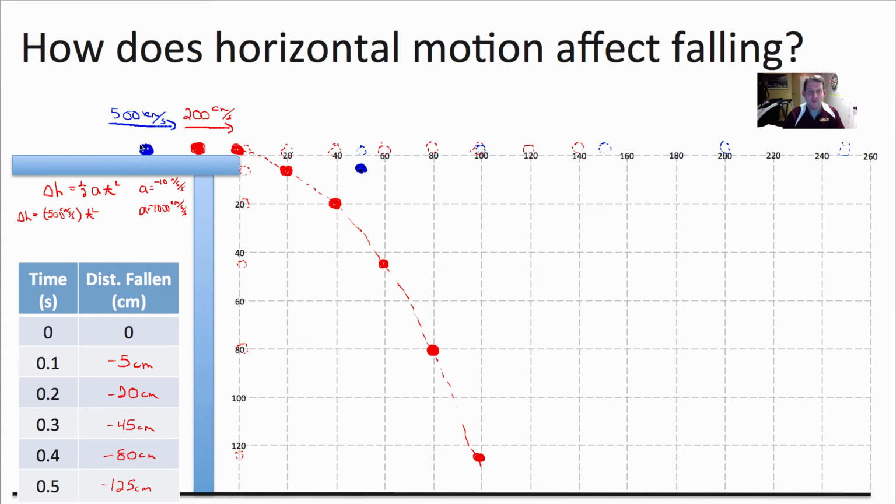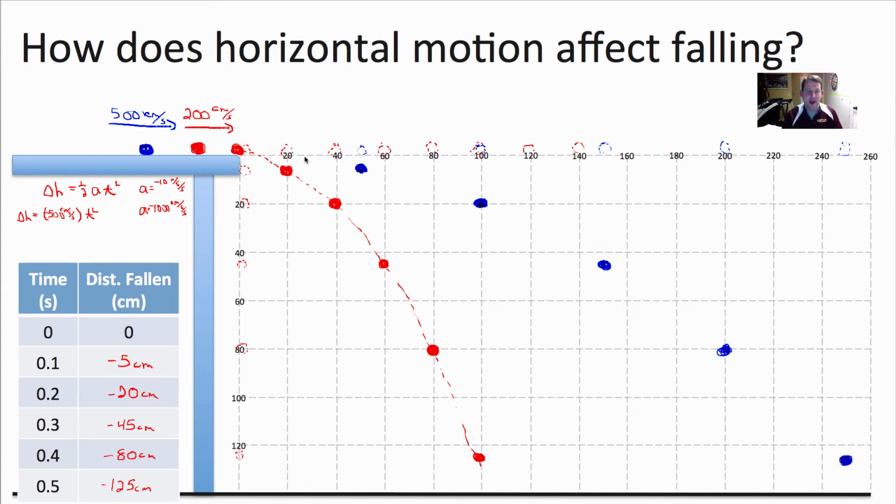And then if we go over here to 0.2 seconds, it's gone 100 over, and now it's fallen 20, just like everything else falls 20 centimeters in 0.2 seconds. Over here, down to 45. And then here from 200 all the way down to 80. And then here, all the way down to 125.